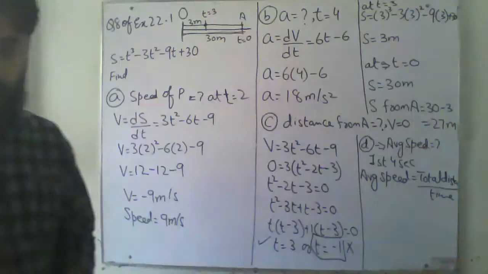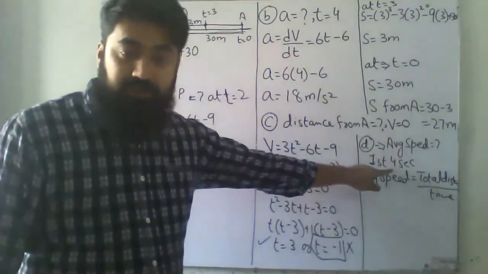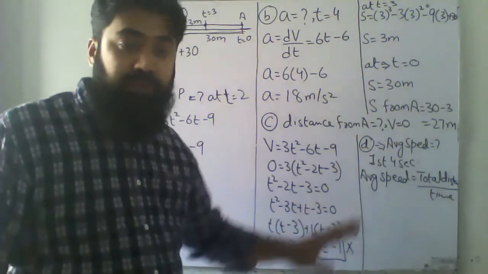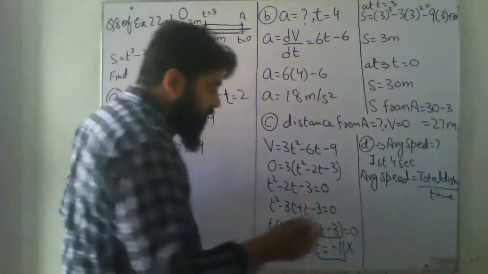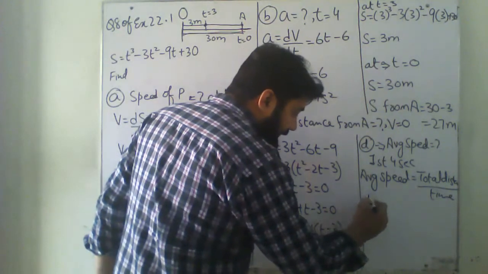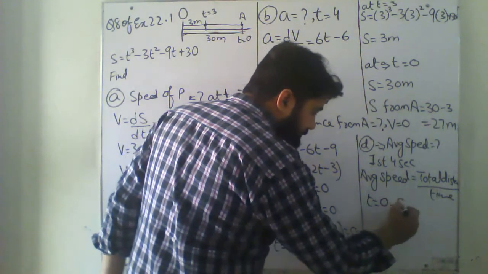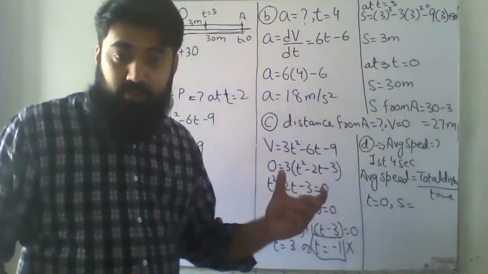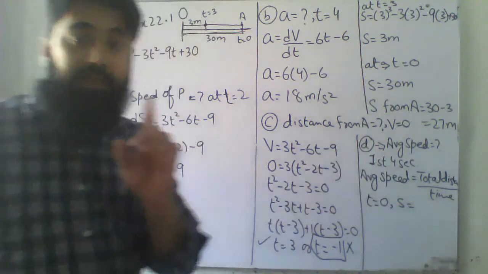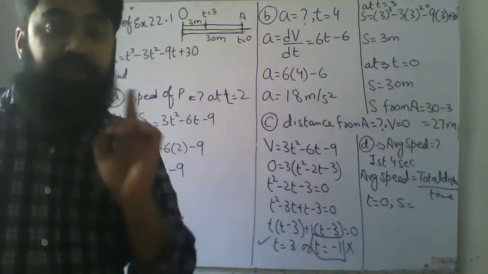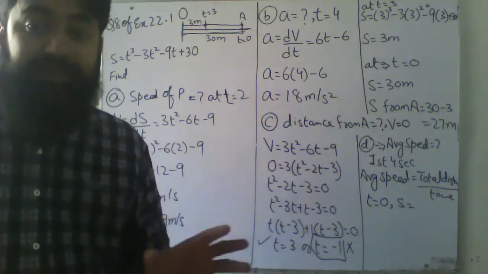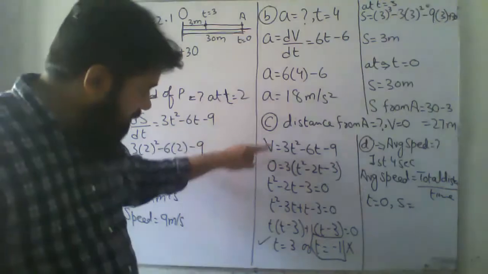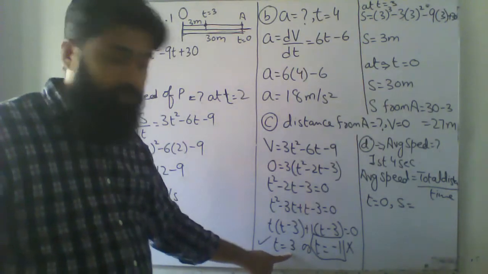As they are saying first 4 seconds, and as we have done in the previous question, there must be a time where velocity was 0, which is like a U-turn. My velocity was 0 at t equals 3 seconds.